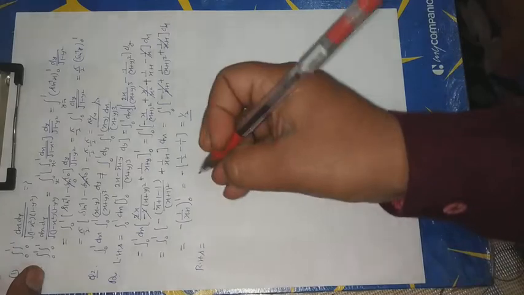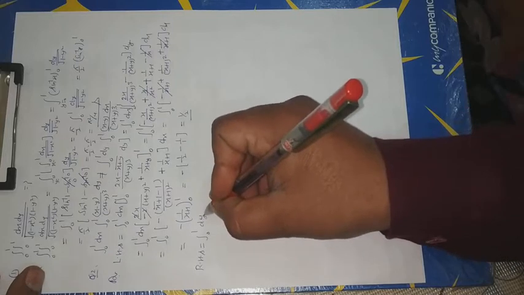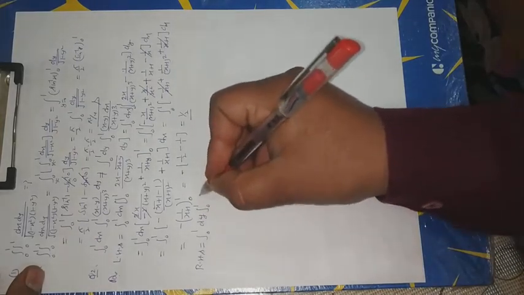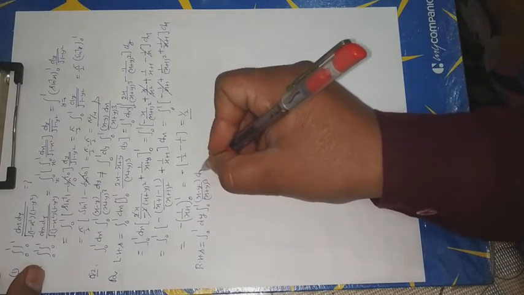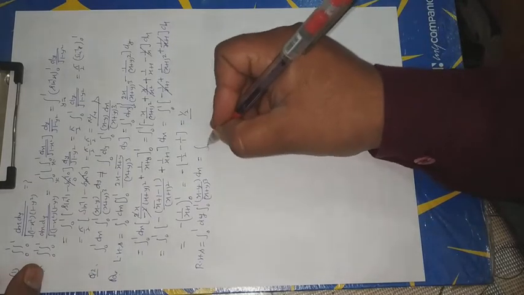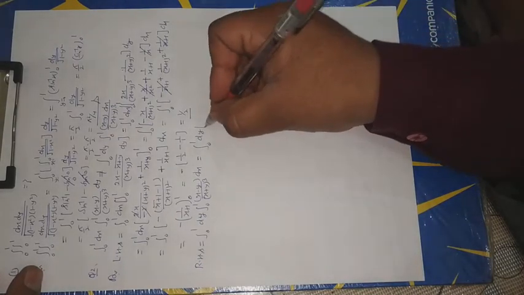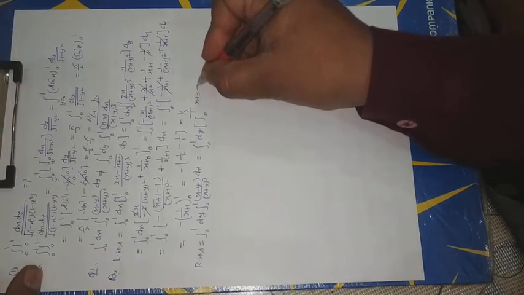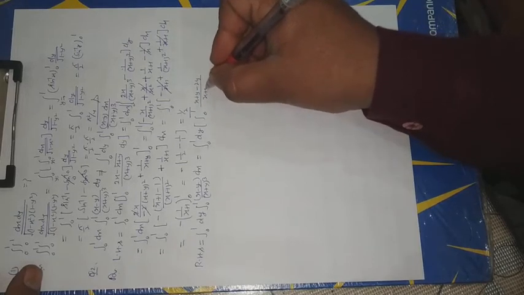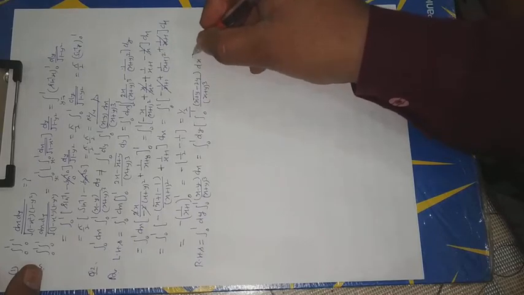The value of the right hand side: integral limit 0 to 1 dy, integral limit 0 to 1 x minus y upon x plus y whole cube dx. Now integral limit 0 to 1 dy. Now here, integral limit 0 to 1, x plus y minus 2y upon x plus y whole cube dx, bracket close.